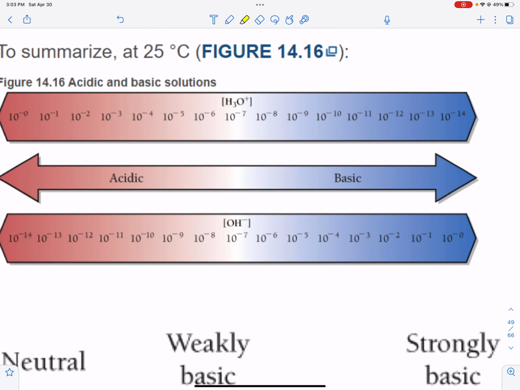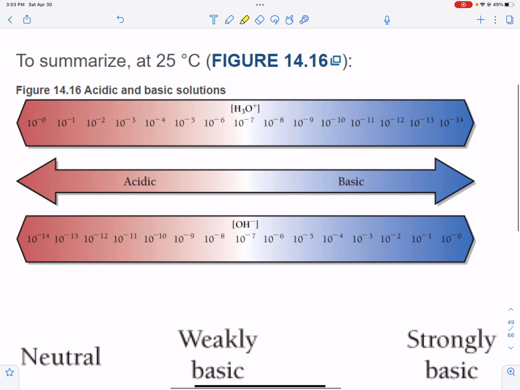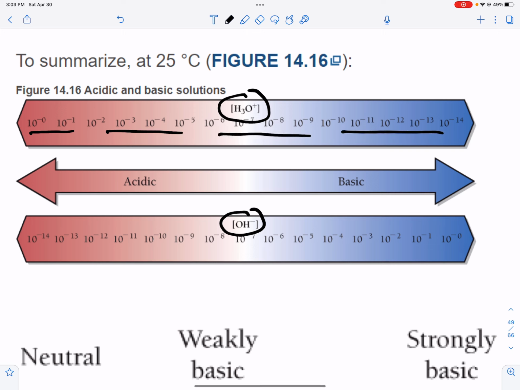Like I said before, we have been calculating hydronium and hydroxide, and we have been seeing those values in powers of 10. We know from the Kw that the 10 to the minus 7 is what defines the water constant of 10 to the minus 14: 10 to the minus 7 hydronium, 10 to the minus 7 hydroxide.